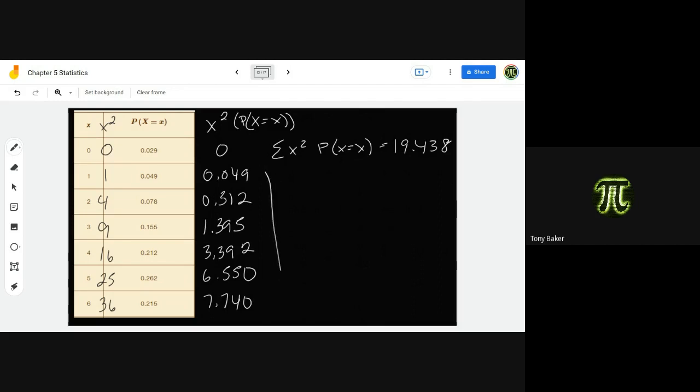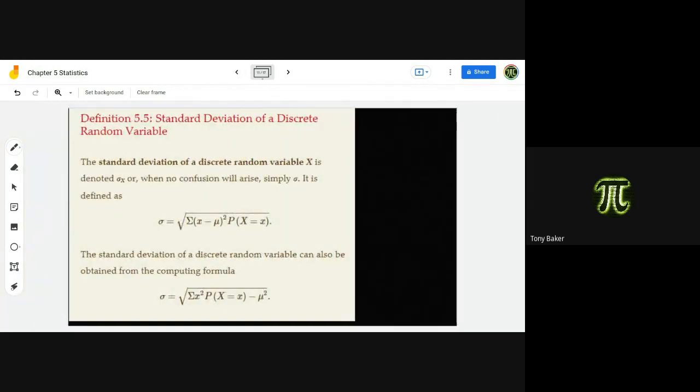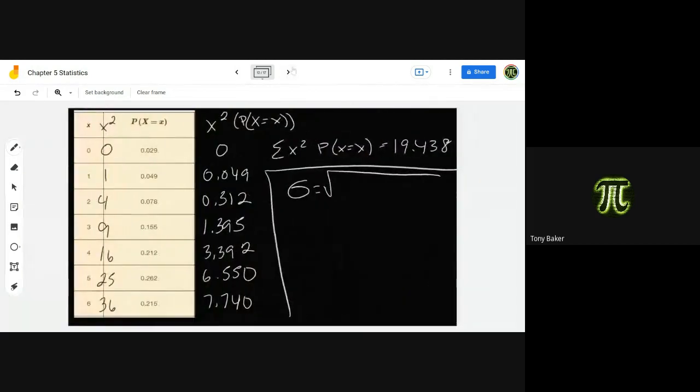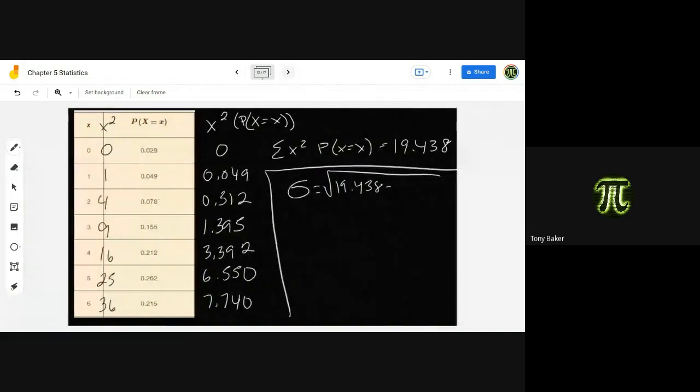All right, so my wonderful square root formula. We remember it was the summation minus the mean squared, all under the square root. So the summation I got was 19.438, and my mean was 4.118. So 4.118 squared.